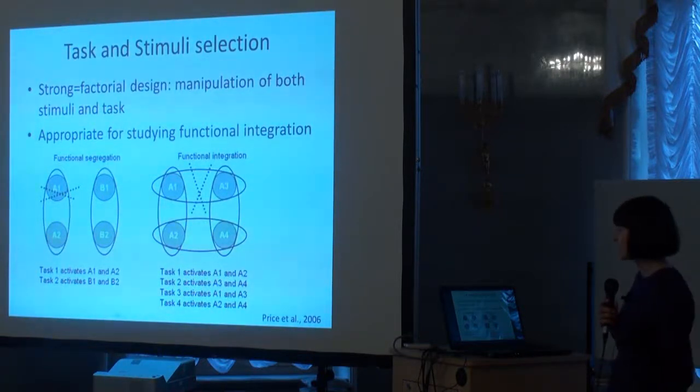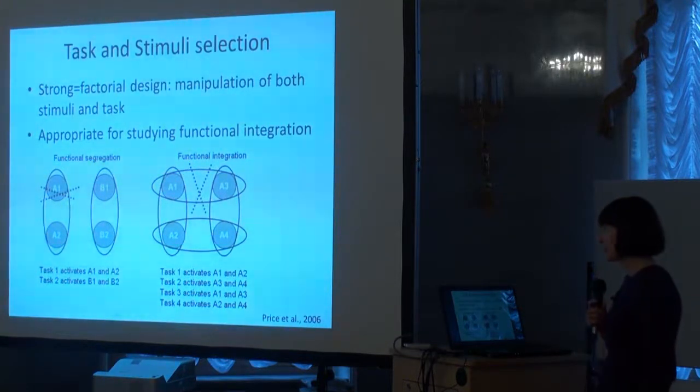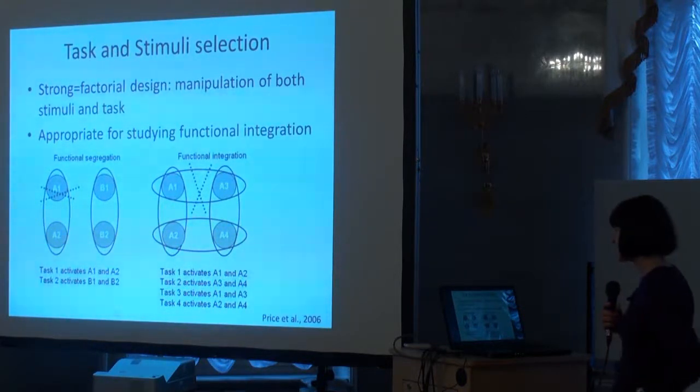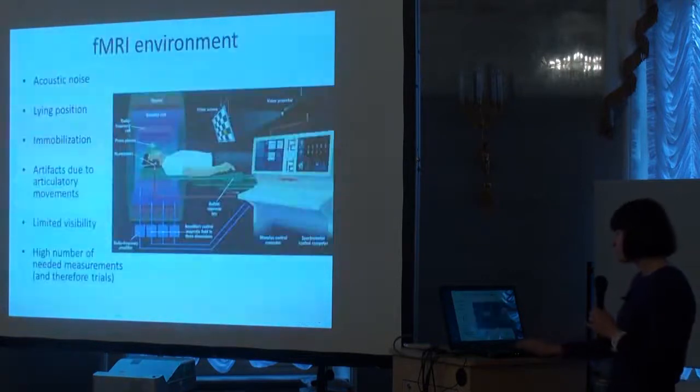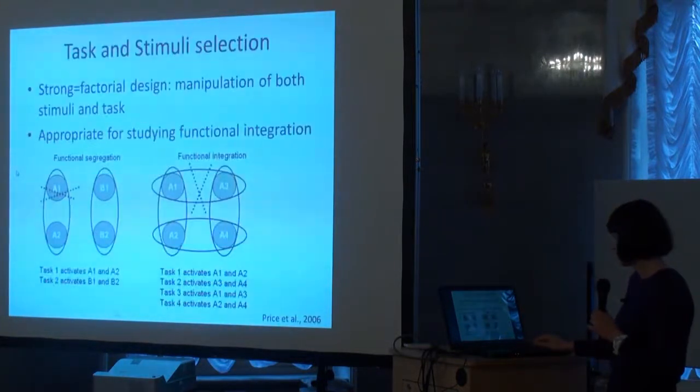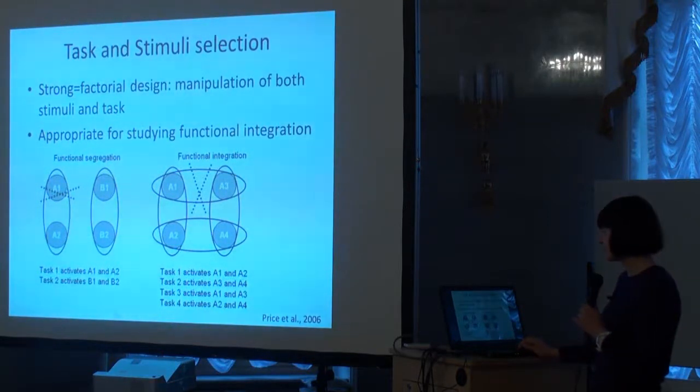Factorial design is especially appropriate for studying functional integration. There is a kind of differentiation between functional segregation and functional integration, and it is very related to studying language and aphasia. Oh, sorry. This is an example of functional segregation.